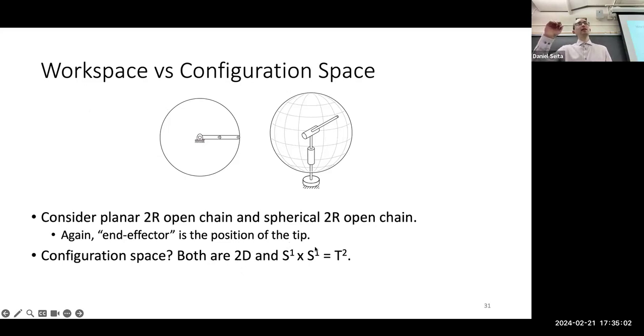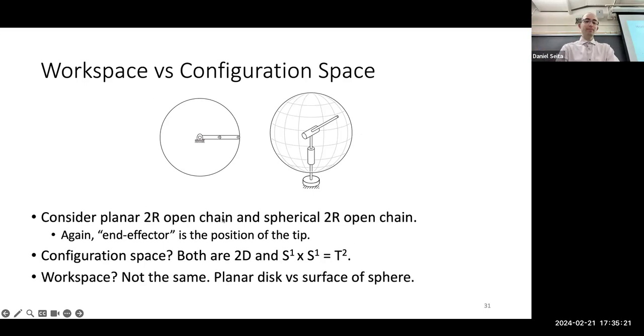Because you can express an angle for the first joint and an angle for the second joint. So it's this T squared, the configuration space topology. So they actually have the same topology for configuration space purposes, except they don't have the same workspace, because you have a planar disk versus the surface of a sphere.